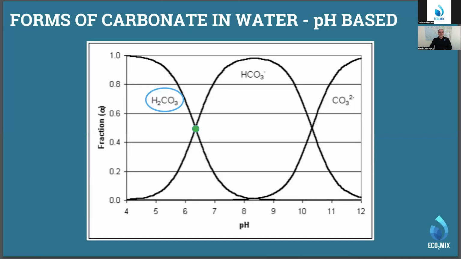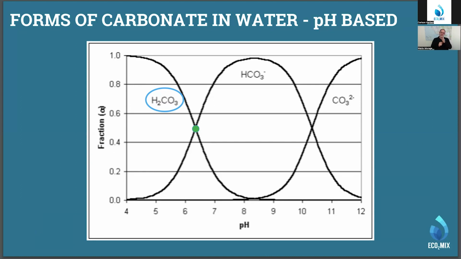So also, the carbonic acid is part of how forms of carbonate are present in water. They are all pH related. When the pH is high, we have a combination of carbonates and bicarbonates. And you can see on the right side of the slide, when the pH is around 8.5, we have 100% bicarbonates.